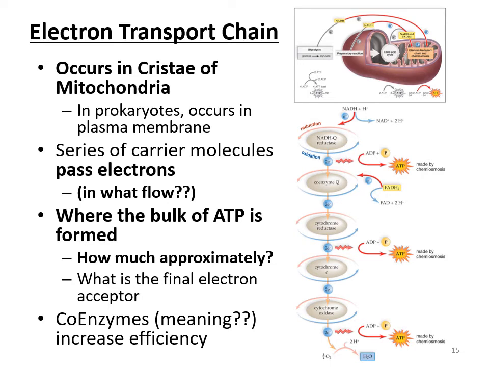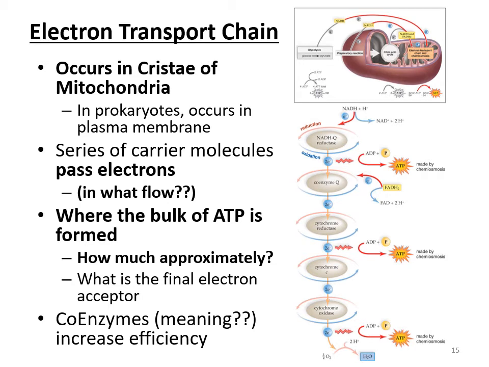Again, this is occurring in the mitochondria. In the case of prokaryotes, it would instead occur in the plasma membrane, because remember, prokaryotes don't have internal membranes or internal organelles.